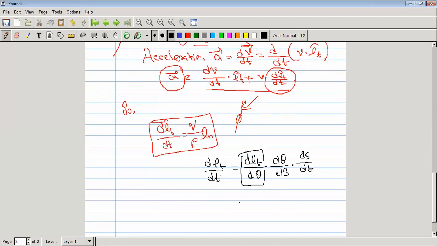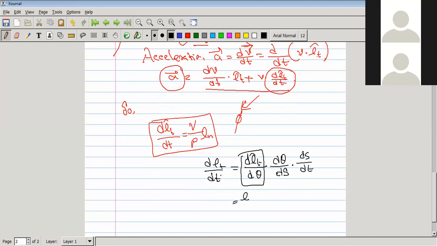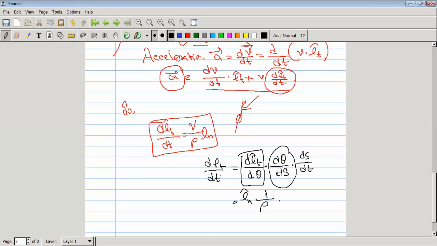So we can write here en unit vector, and d theta by ds is what? This d theta by ds is the radius, so we define it as 1 by rho, and ds by dt is nothing but the change in displacement, that is velocity. Okay, so it is nothing but v by rho of en. So det by dt is equal to v by rho en. Up to this, is it clear?